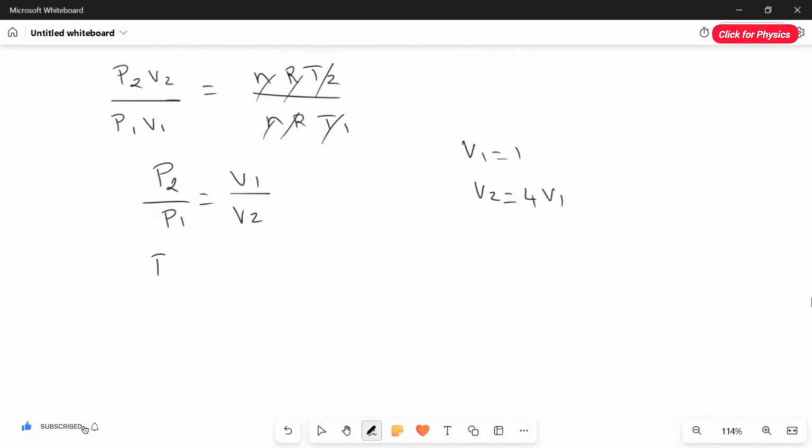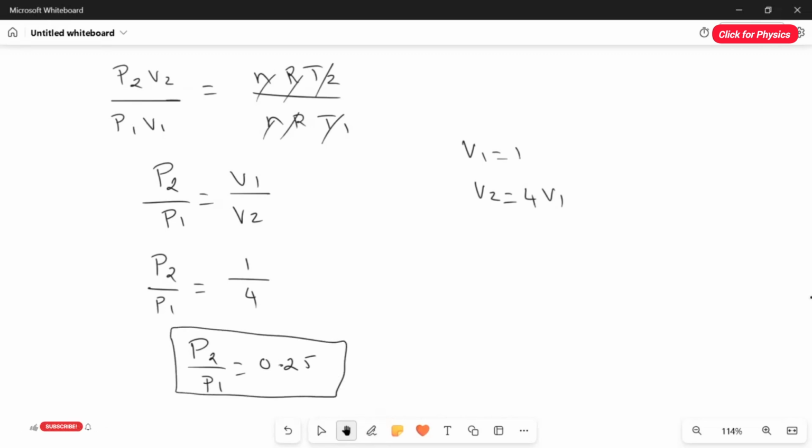Now I'm going to substitute the values. P2 over P1 is equal to V1 over V2, so we take 1 and 4. 4 multiplied by V1 is 1, so we can write 1 over 4. So we got the answer P2 over P1 equal to 0.5. This is the answer for the first part.